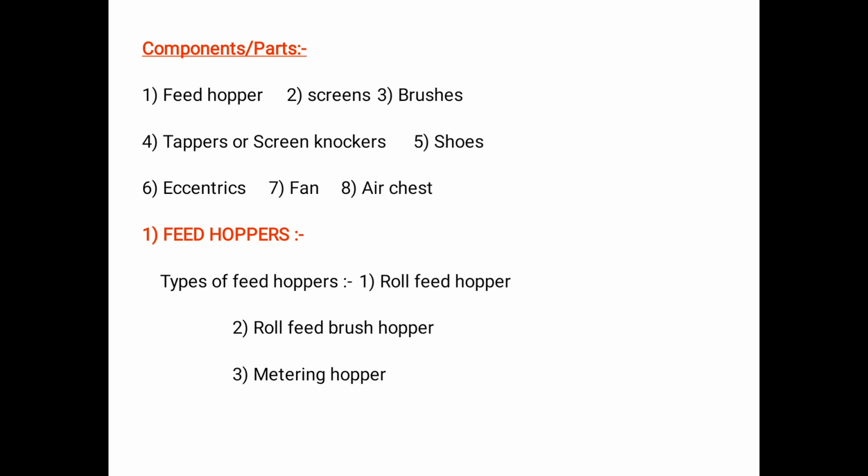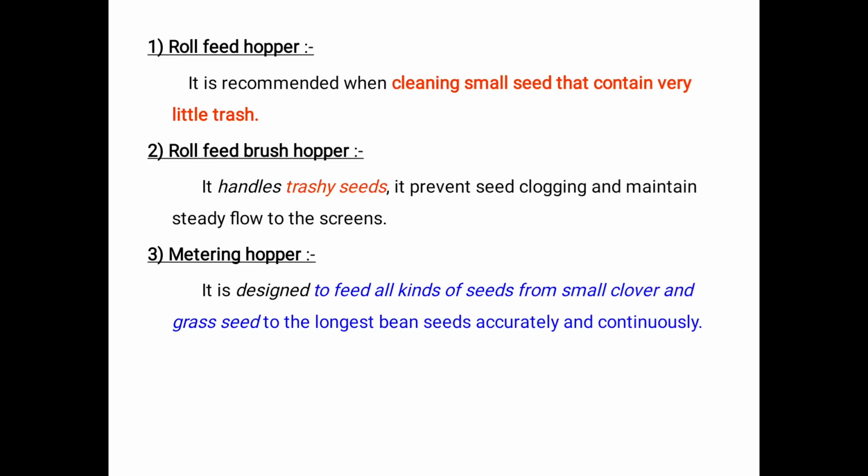Feed hoppers. There are three types of feed hoppers. First, roll feed hoppers. Second, roll feed brush hoppers. Third, metering hoppers. Roll feed hoppers are recommended when cleaning small seeds that contain very little trash.